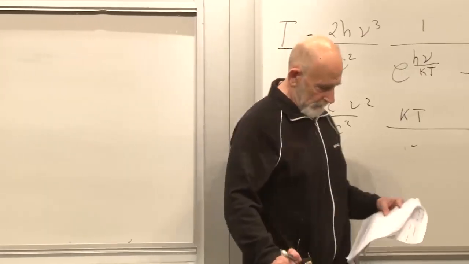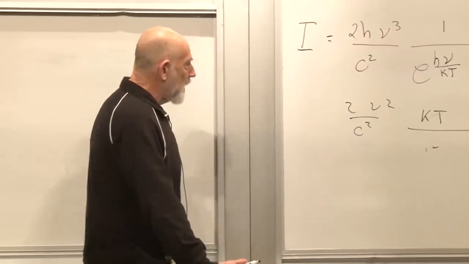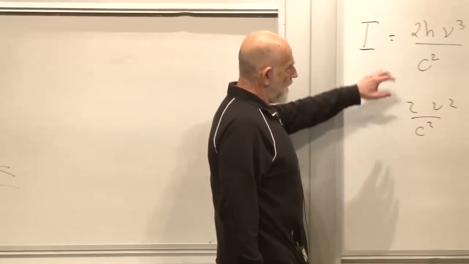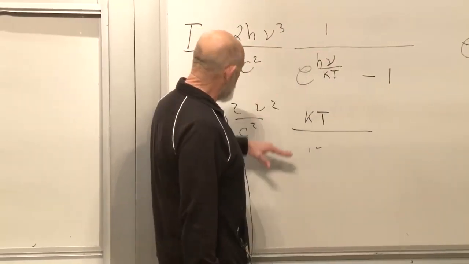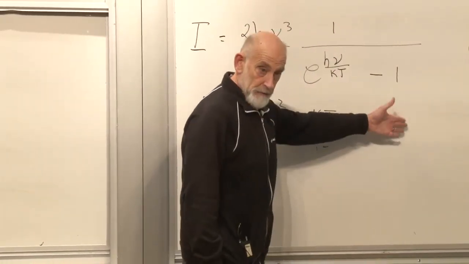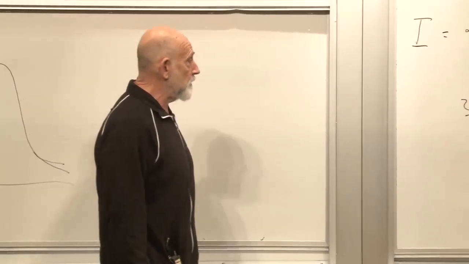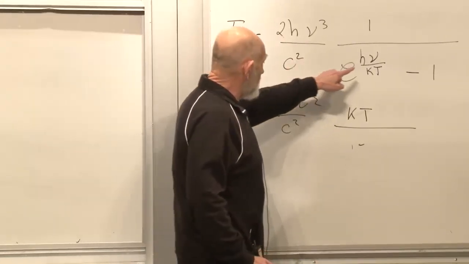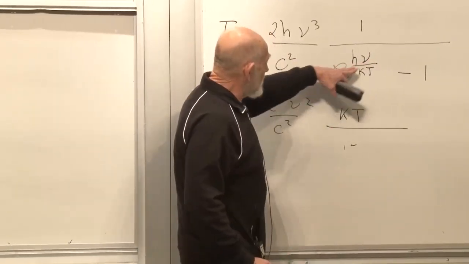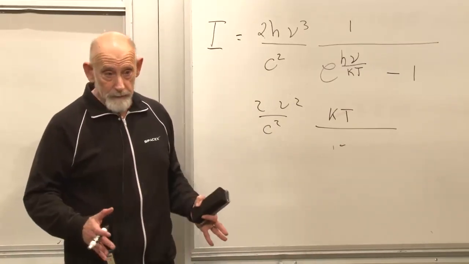So now the point, of course, is that this becomes important when nu gets large. For small nu, the formula, as written by the classical physicists of the 19th century, Rayleigh, Jeans, and other people, was correct. But as nu starts getting large, what happens to the exponential here? The exponential starts to get very big.